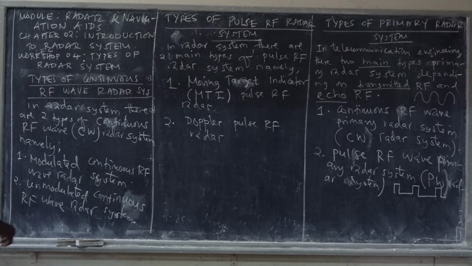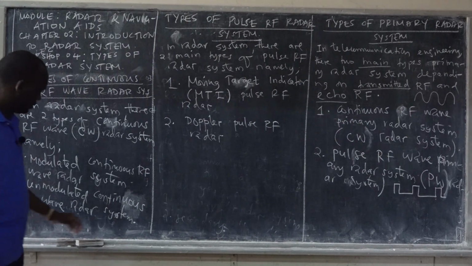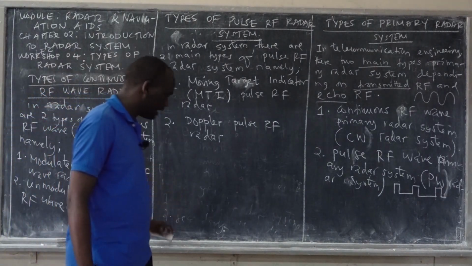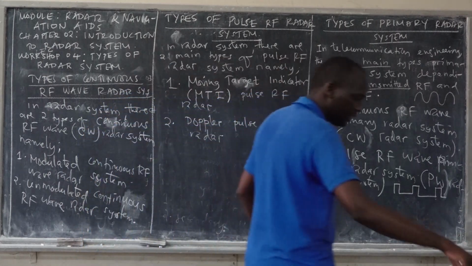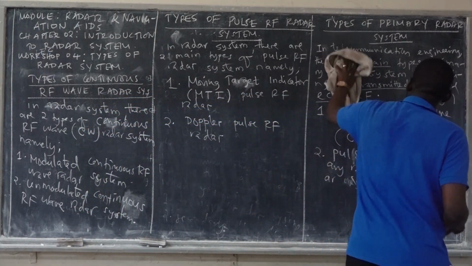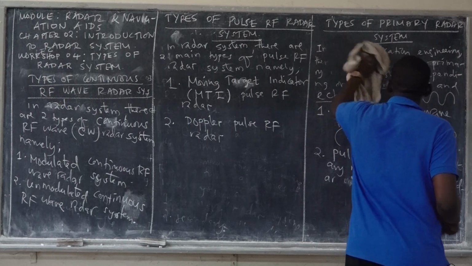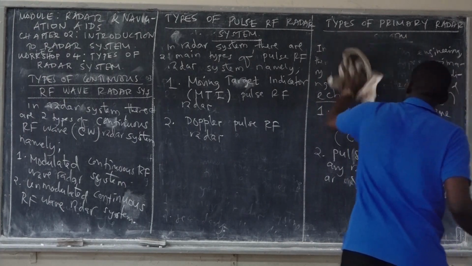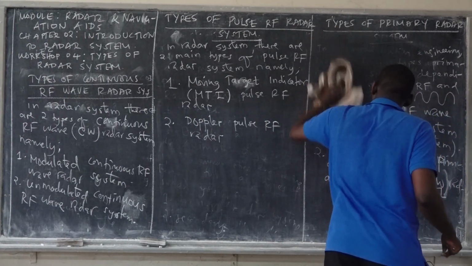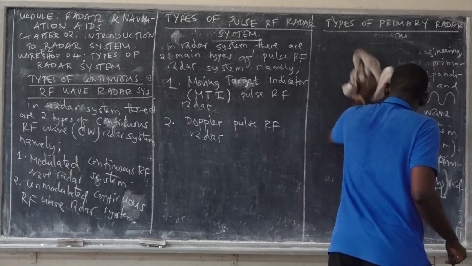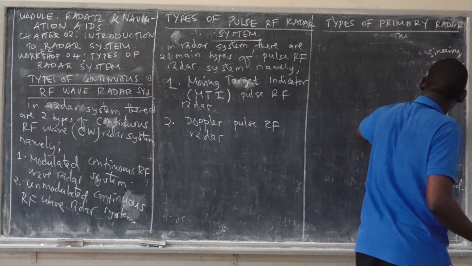So those are the two types of pulse radar system. Then, if that's the case, we can have a tree diagram here, to present this information simply.